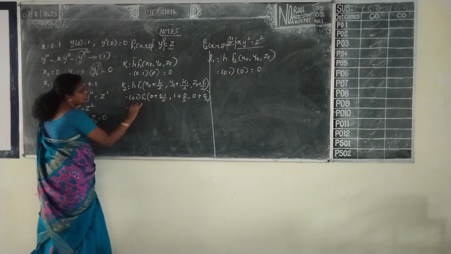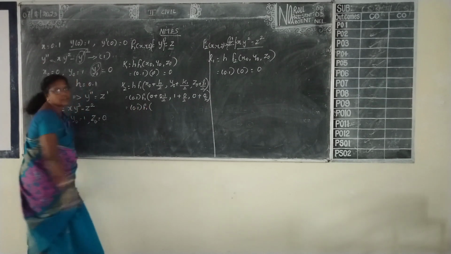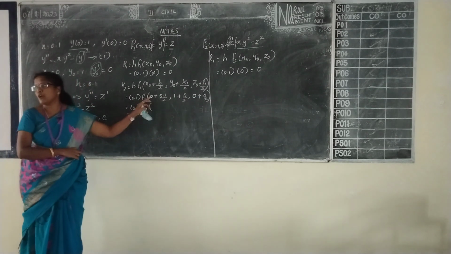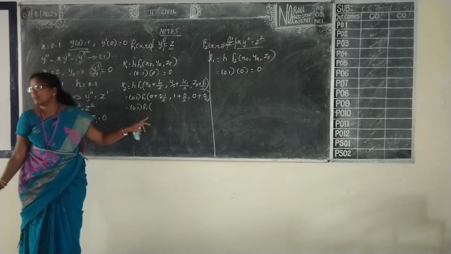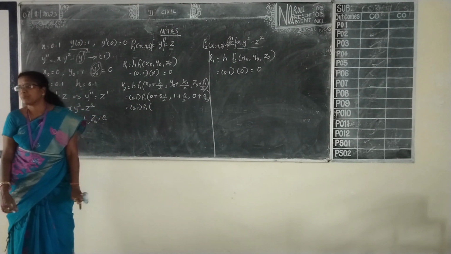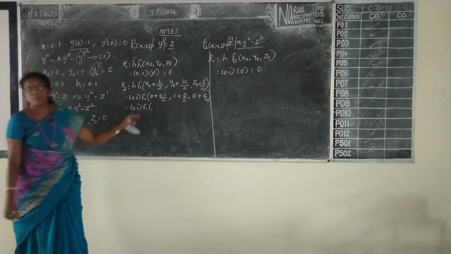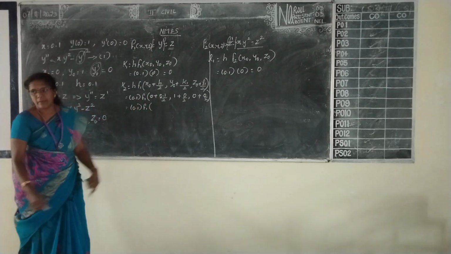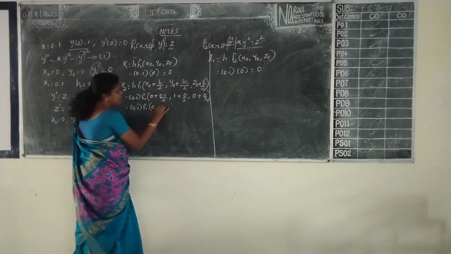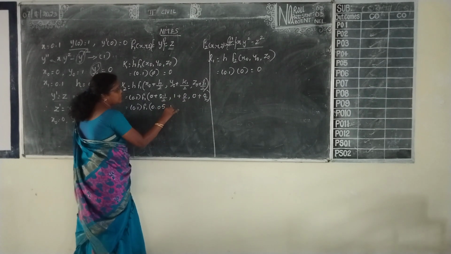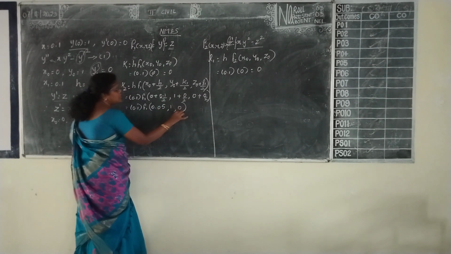So 0.1 into F1 of... What is 0.1 by 2? 0.05. So 1 plus 0 will give you 1, and 0 plus 0 will give you 0.